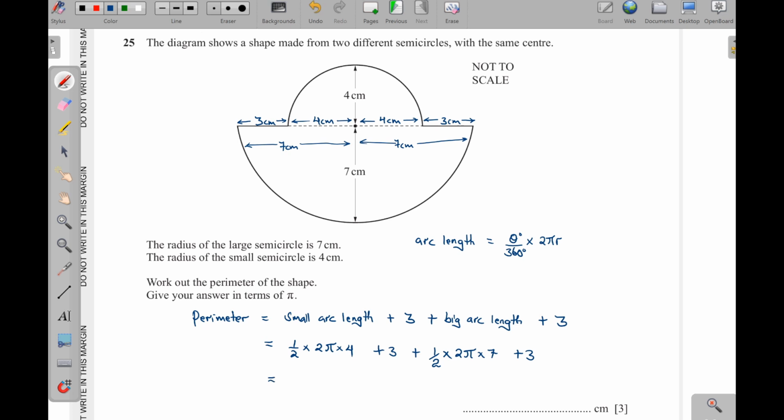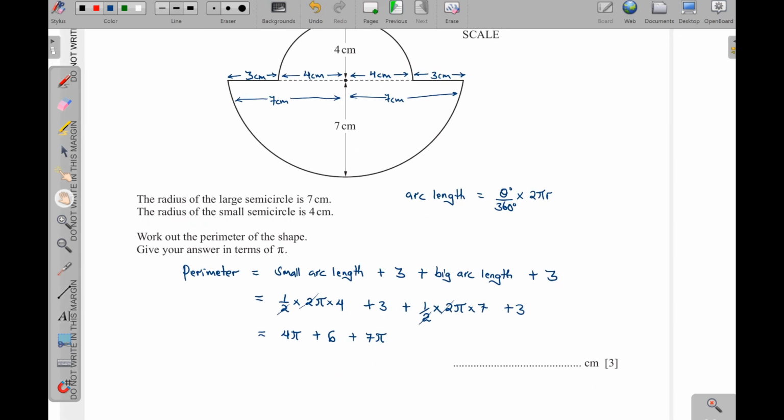So what are we going to have? Of course, this one will go with this one will go with this one here. You have 4 pi here, then plus 3 plus 3, that one gives us about 6, then plus this will be 7 pi. So 7 pi. Then what do we have here? 4 pi plus 7 pi, we shall get 11, not so?